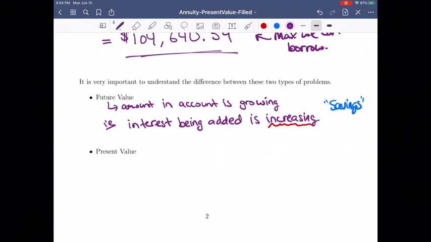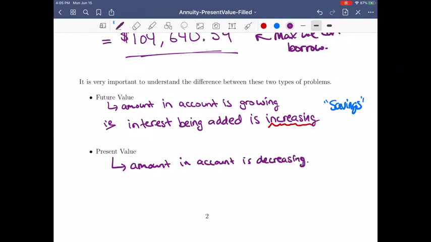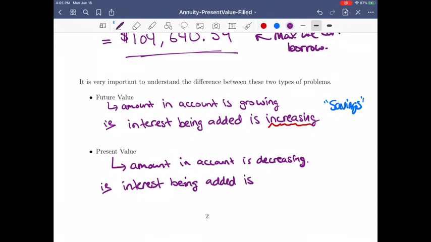The present value, the amount in the account is decreasing. So each time you take out money or you make a payment, the amount that you owe or the amount that you have left is less than it was before. So when you add interest, the amount is going down, so the interest is decreasing.